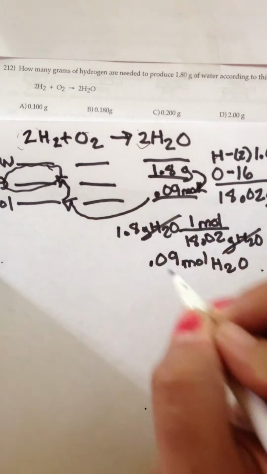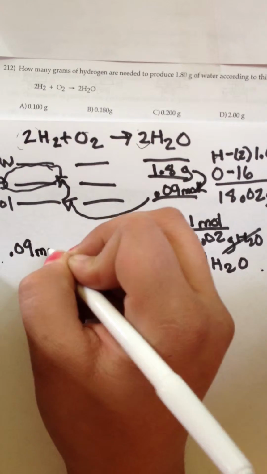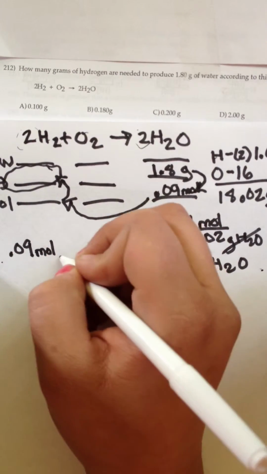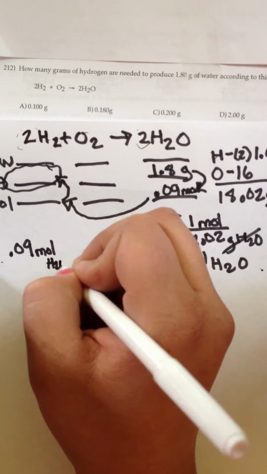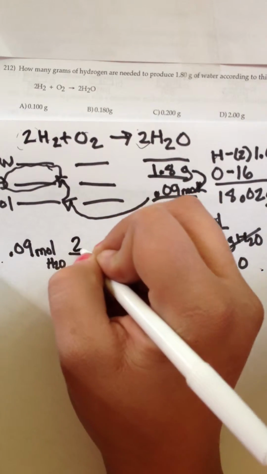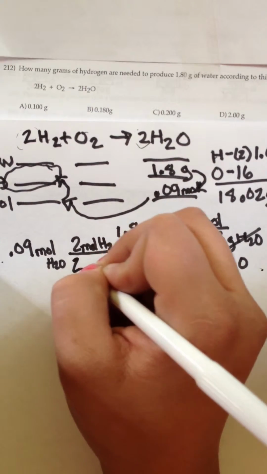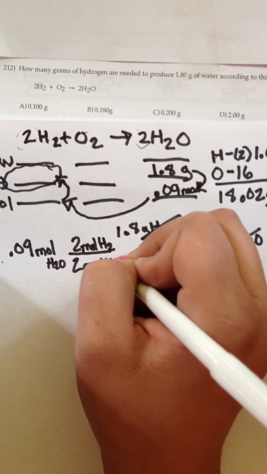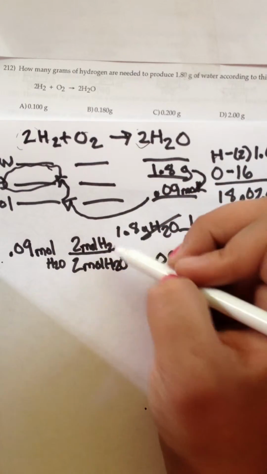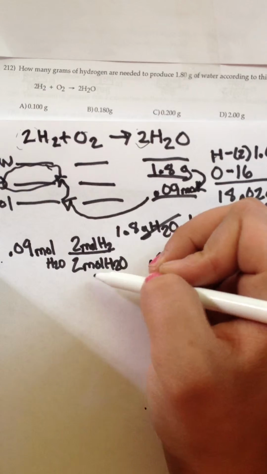So we're going to set it up as 0.09 moles of H2O over 2 moles of H2, 2 moles of H2O. So we see from here 2 divided by 2 is 1, so it's actually a 1-to-1 ratio.